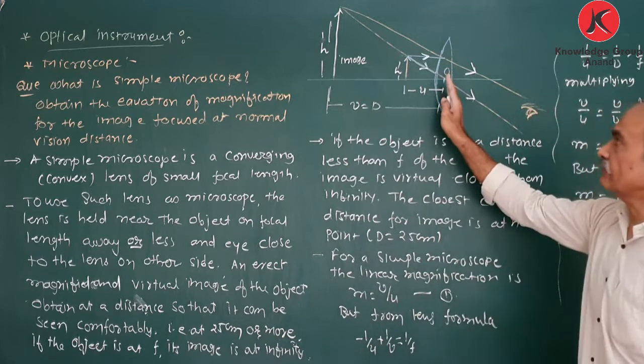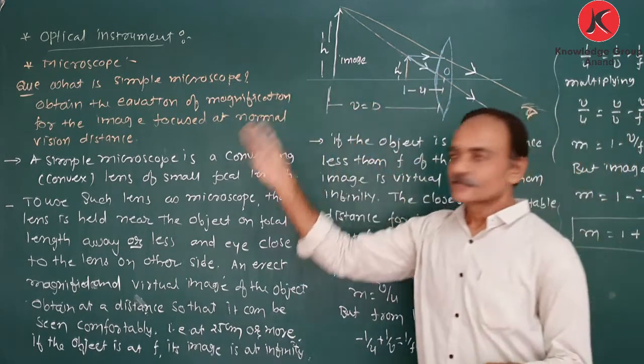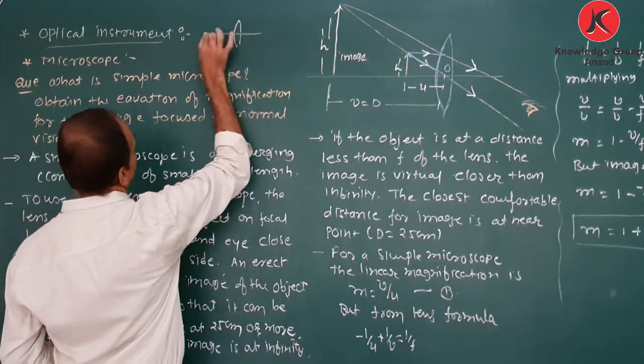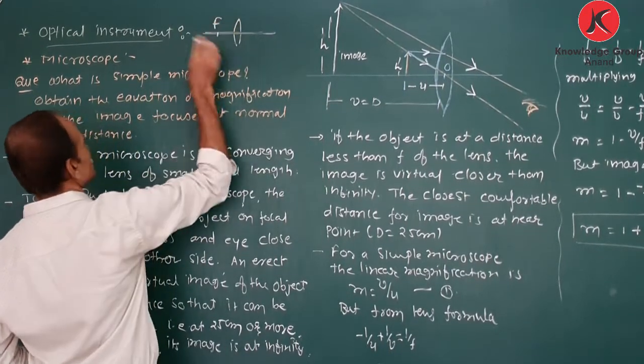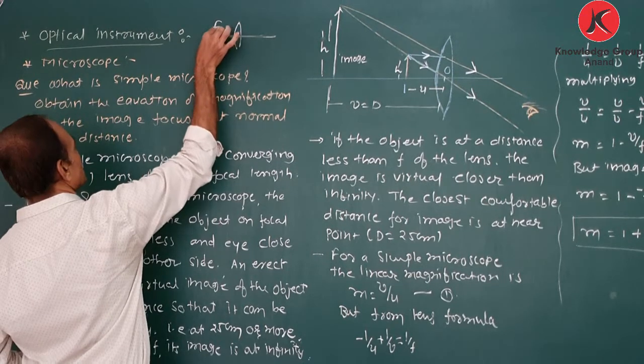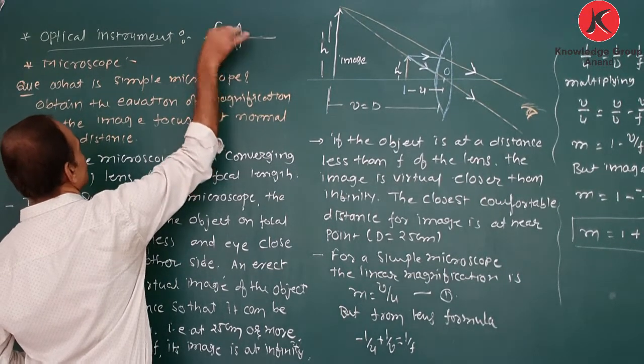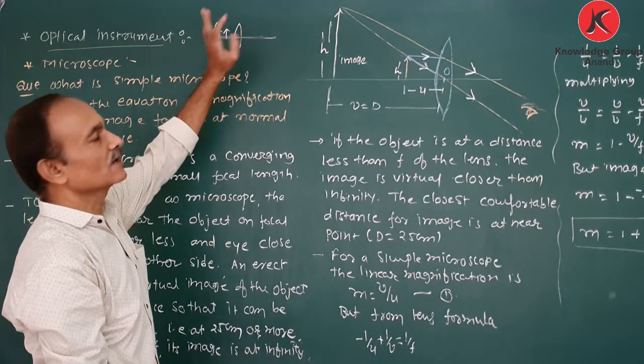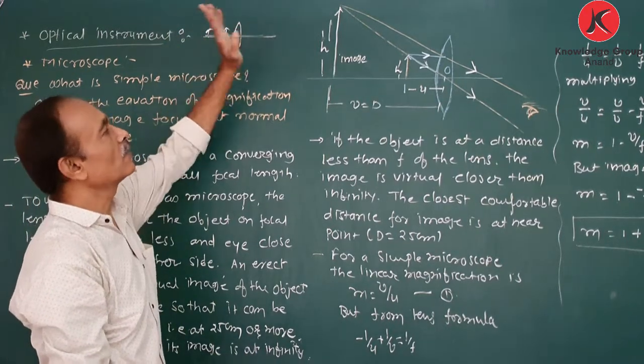Here there is the convex lens, and the object is placed near the principal focus F, at the focal length or at less than the focal distance.